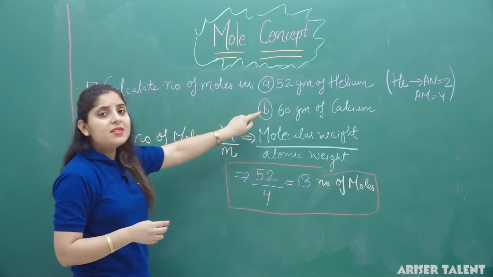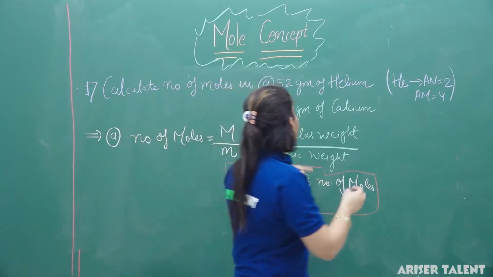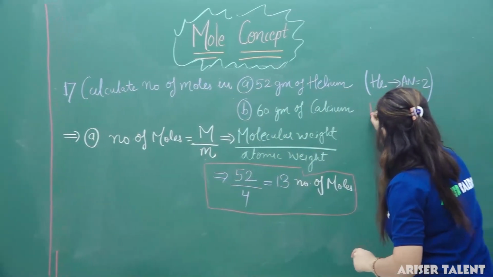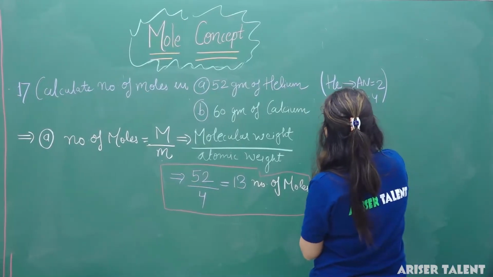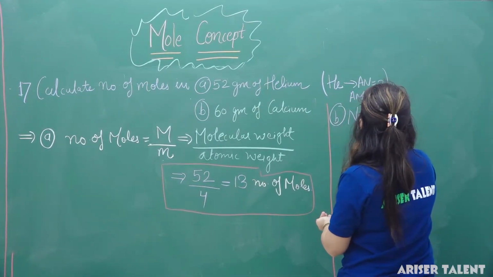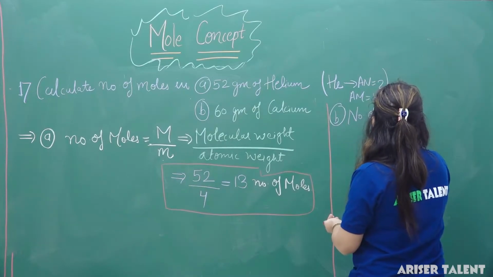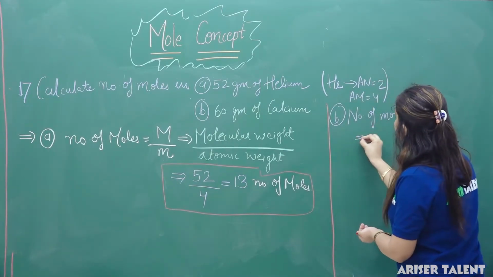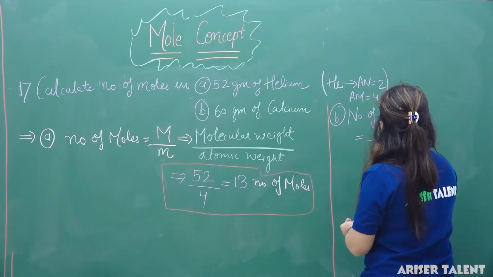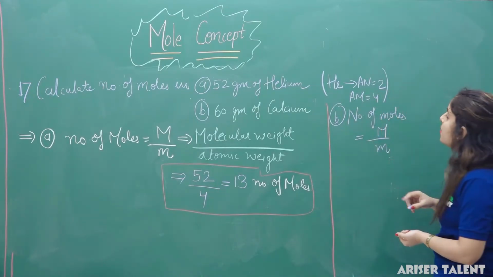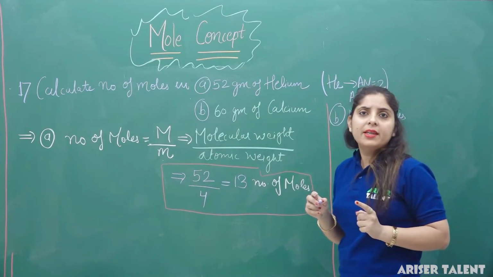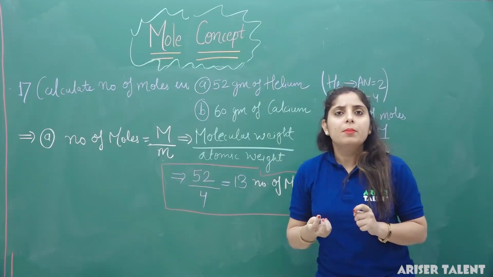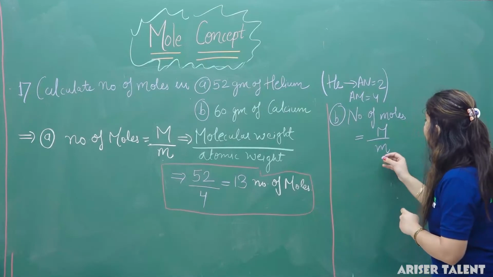Now we are on our second problem. We have to calculate the number of moles in calcium. Similarly, we have our second part. We want to calculate number of moles in calcium. So number of moles will again be equal to small m upon capital M. We know that for calcium we have an atomic number 20, and for it we have an atomic mass that is double of it, that will be equal to 40.